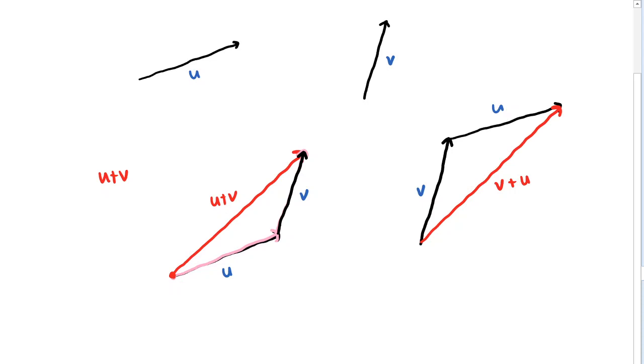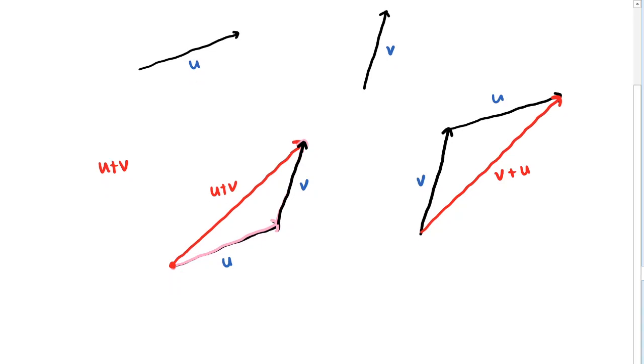It doesn't matter where this red vector is positioned. The fact that these two red vectors have the same distance and the same direction means that they represent the same vector. They describe the same displacement of a ball, for example. And so if I want to add two vectors, I just stack one on top of the other, beginning to end.